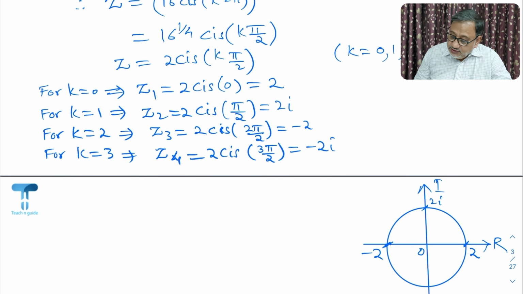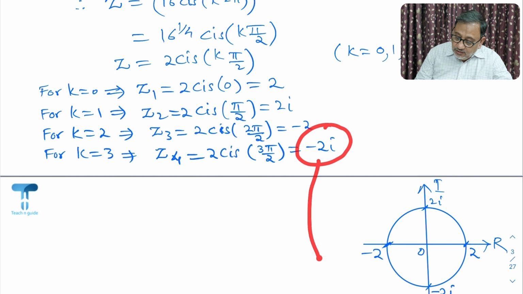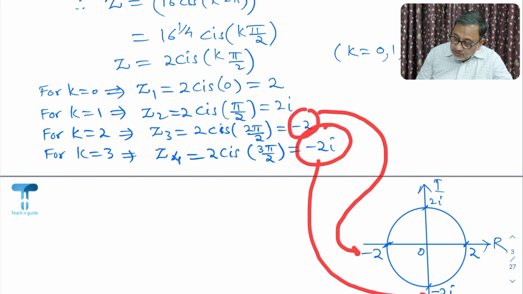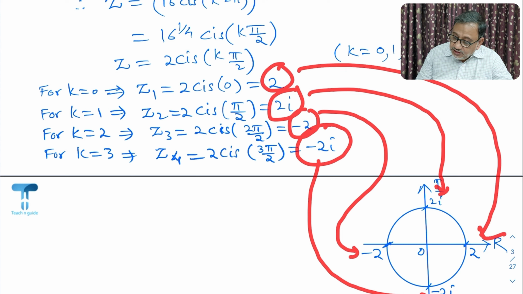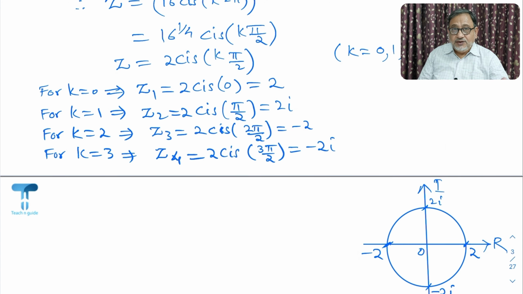And the last one is minus 2i, so it will be here. So look here, minus 2i has been there, minus 2 is here, 2i is here, and 2 is here. So they are equally spaced, right? So like this you can represent them.